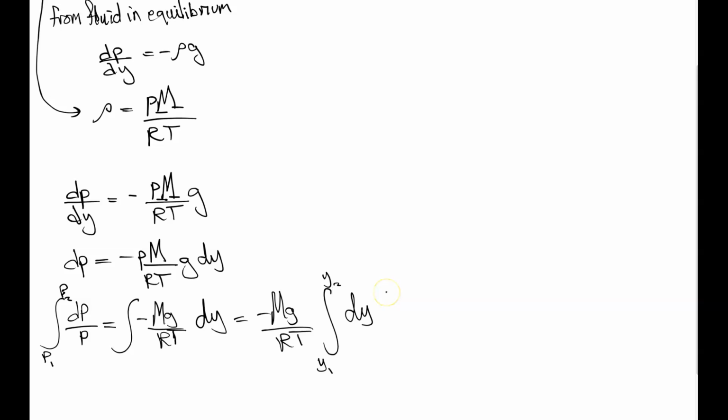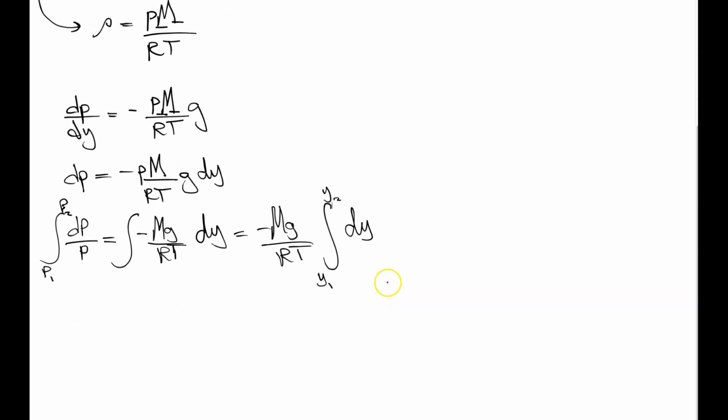As we know, the pressure changes with height. From your calculus, if you remember, this is going to be the natural log of P evaluated between P1 and P2, and that equals minus mg over RT times y evaluated between Y1 and Y2.